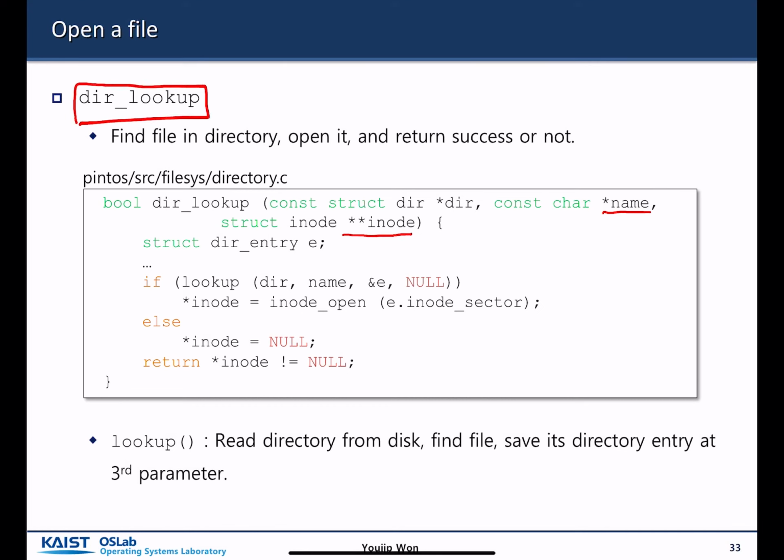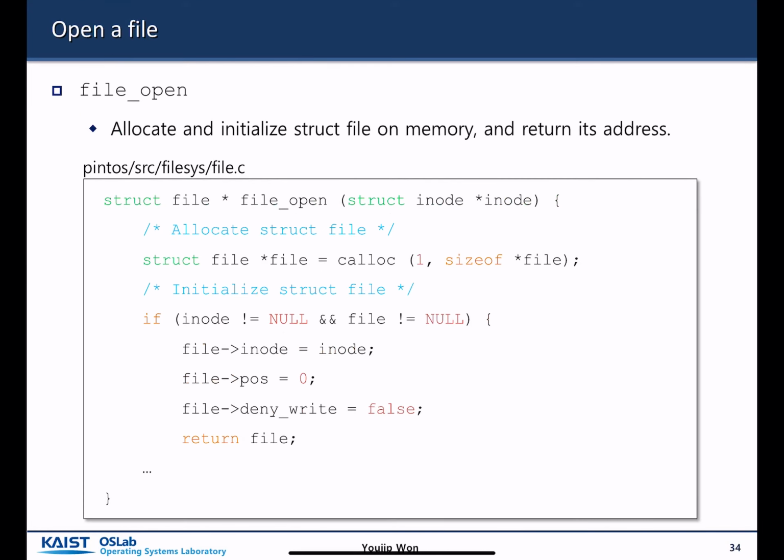Once you find the associated inode, it's time to open a file. So you get the inode and supply the inode number to the function file_open. The role of file_open is to allocate the data structure for struct file, initialize it, and then return its address.